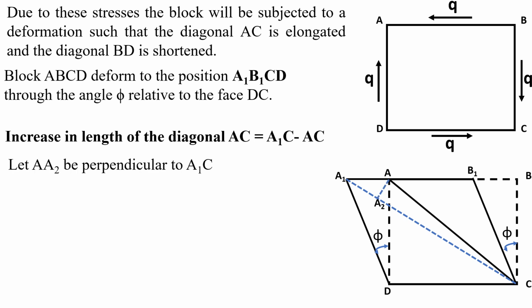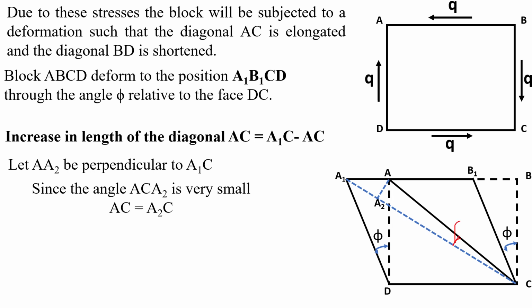Next we draw a line A1A2 perpendicular to A2C, and observe the triangle ACA2, which makes a very small angle.